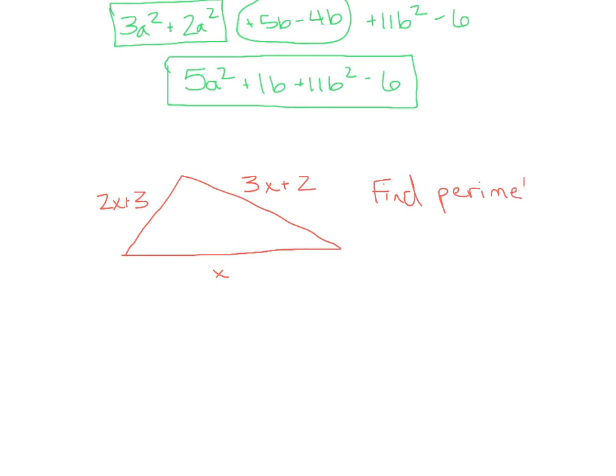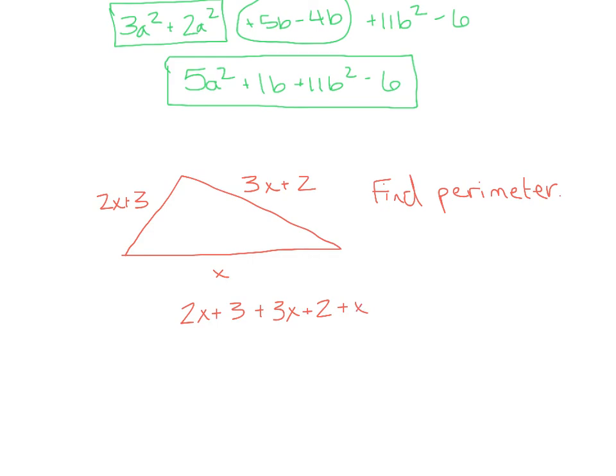So, when we're finding the perimeter of stuff, all we're doing is adding up all of the sides together, okay? So, we're going to start by writing out an expression full of terms. So we have 2x plus 3, write that down. Then we're going to add to that 3x plus 2. Then we're going to add x.